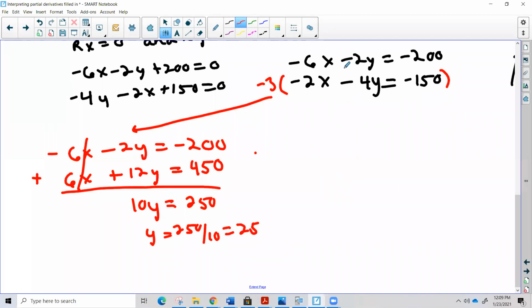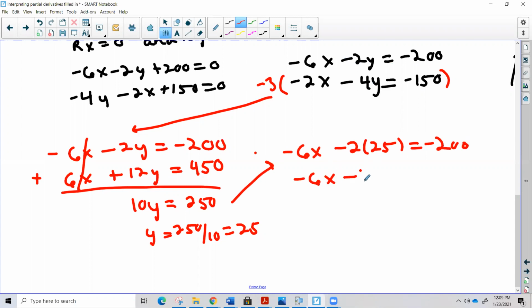So then I'm going to do either equation. It doesn't really matter. I guess we'll just do the first one again and plug in 25 for my y and solve for x to get the x coordinate. So this gives me -50 equals -200. I'm going to add 50 to both sides.